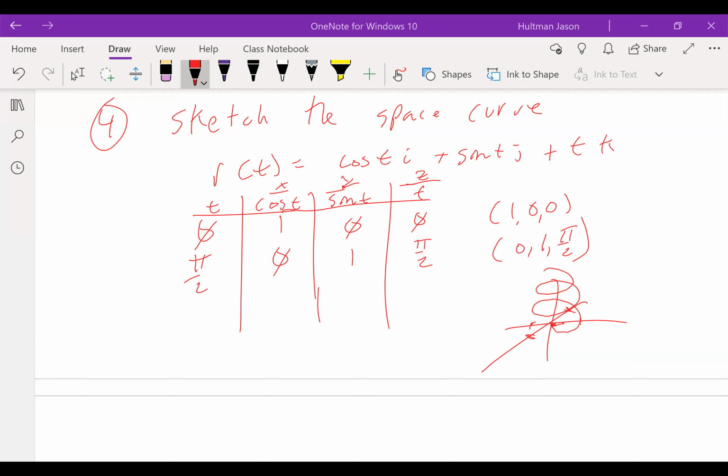So this thing is sine. Cosine, sine, and then this is just t, lowercase t. Enter. Okay, let's redraw this thing.